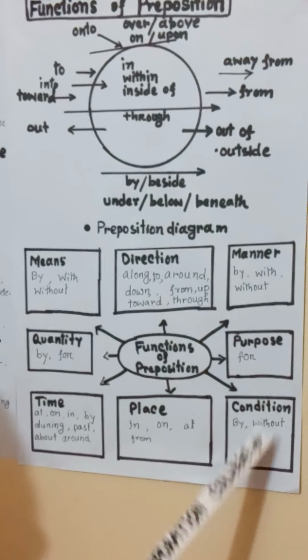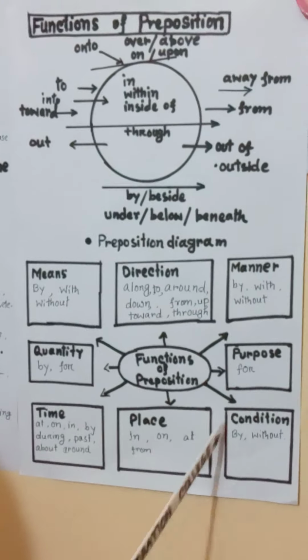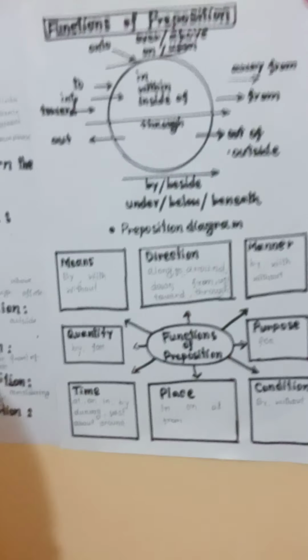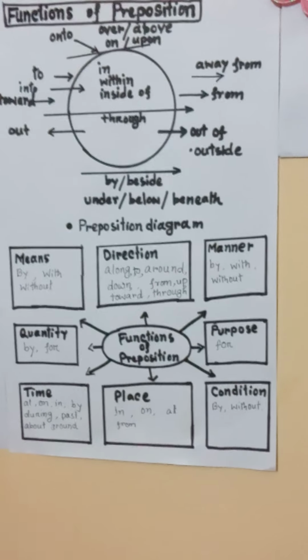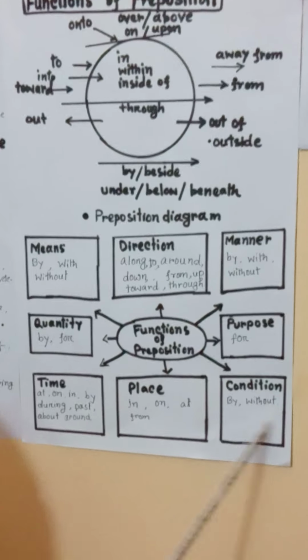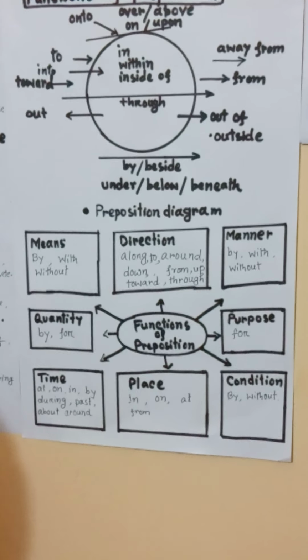By. If we work hard, instead of using if, we use the preposition by in a simple sentence. Instead of using unless in a complex sentence, we use the preposition without in a simple sentence.